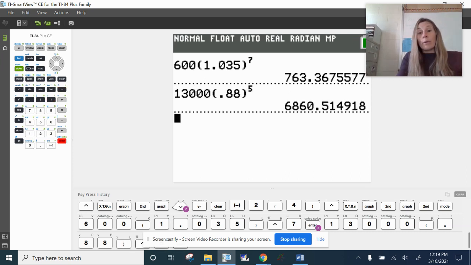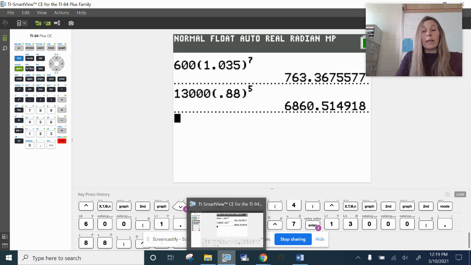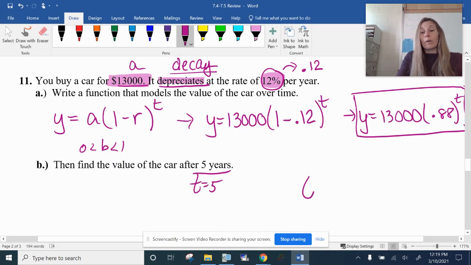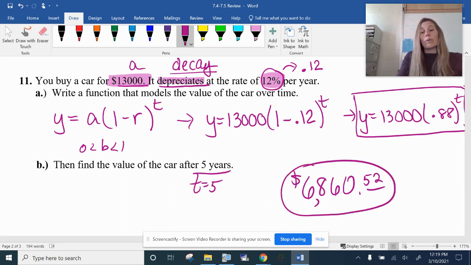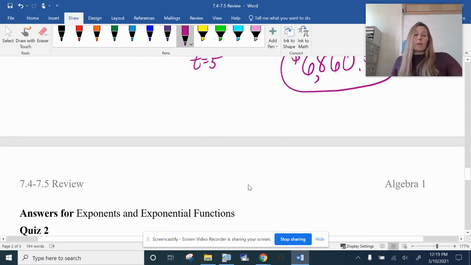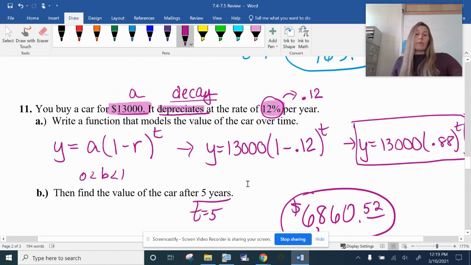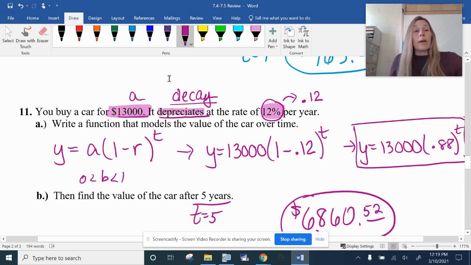My new value after 5 years is $6,860.52. You always round to dollars and cents when you're dealing with money. All right, and I think that's it for our review for exponential growth and decay.